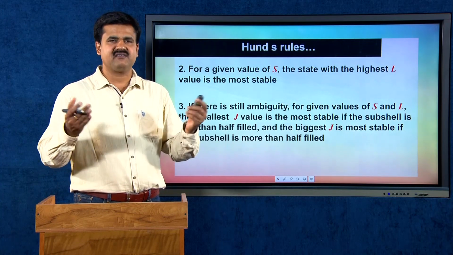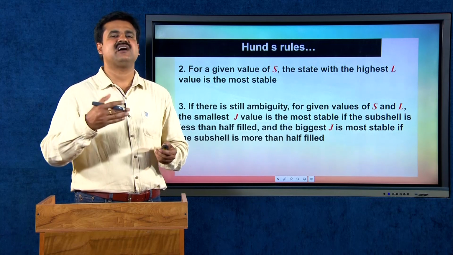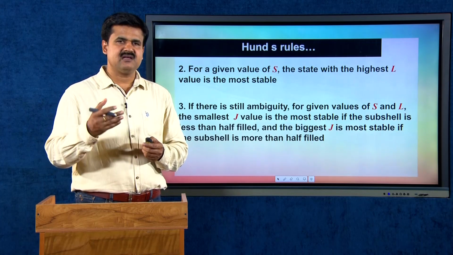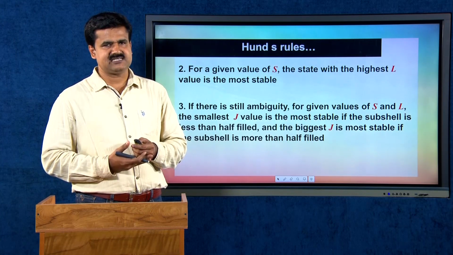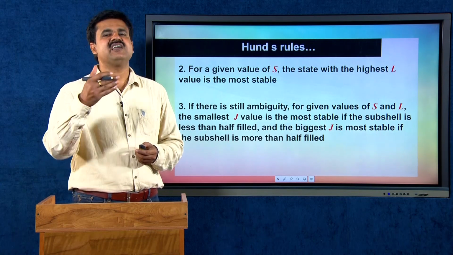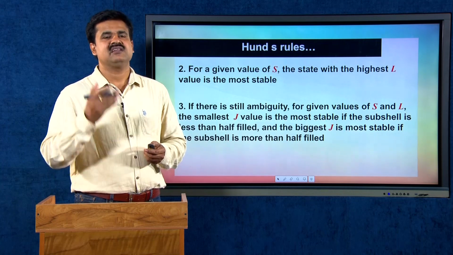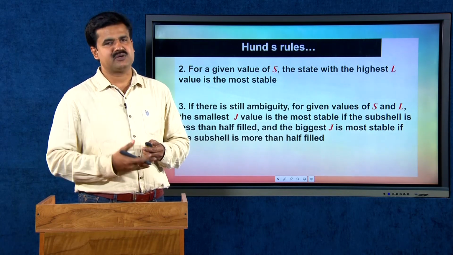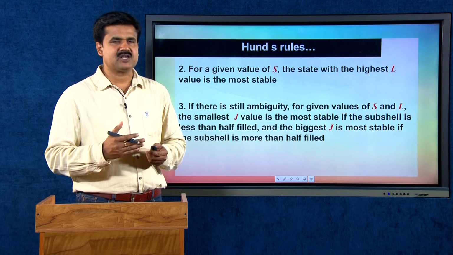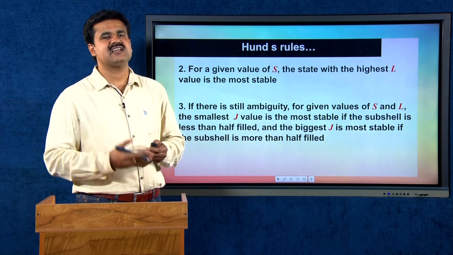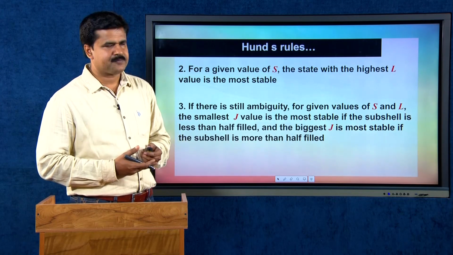Suppose we are having three terms. All terms have the same multiplicity. Then which one will be the ground state? In such a situation, we have to pick up the term with the highest L value and take it as the ground term, since in a given multiplicity, the term with the highest L value is most stable.